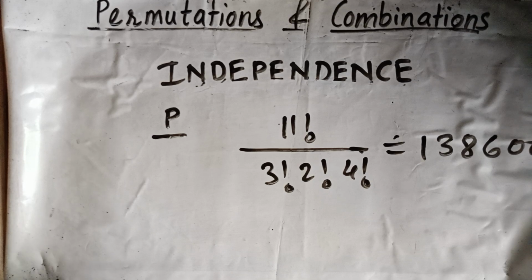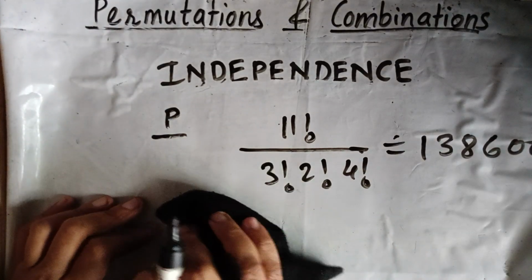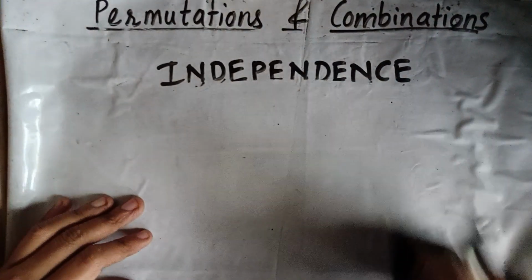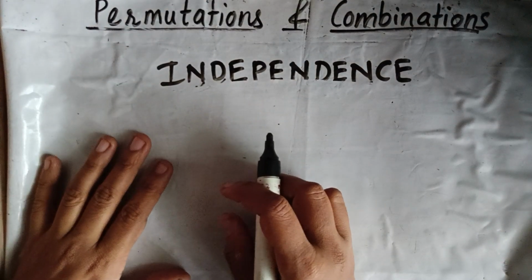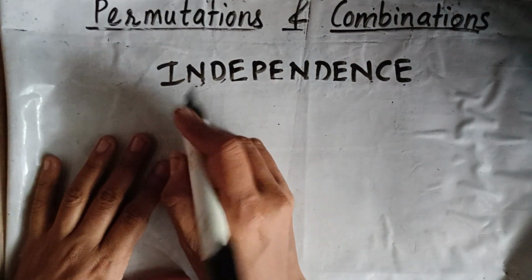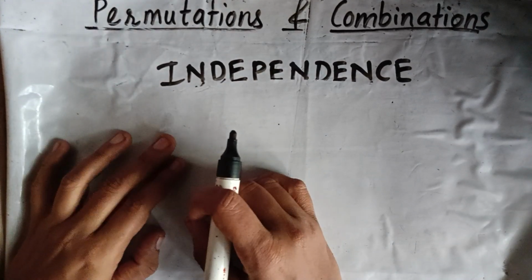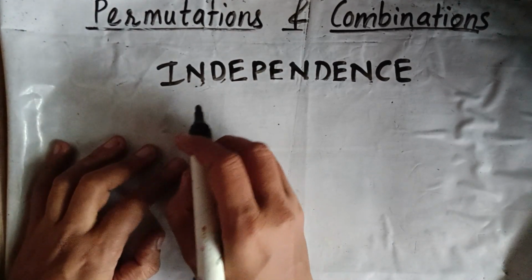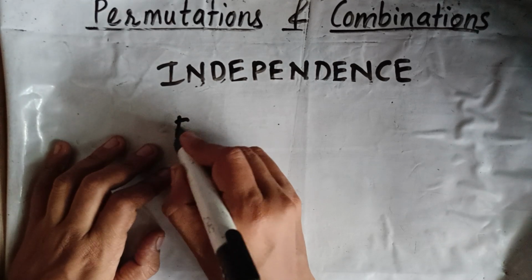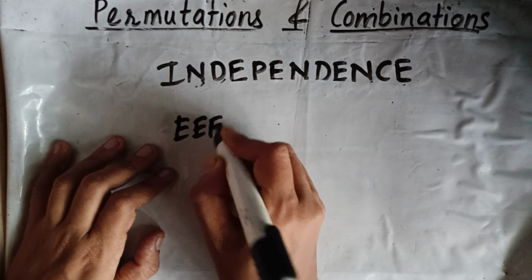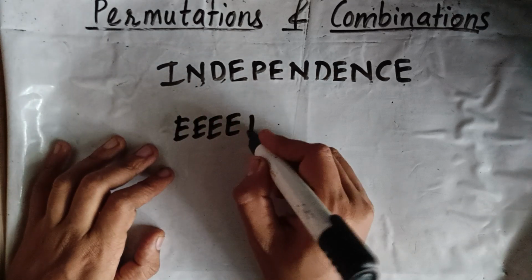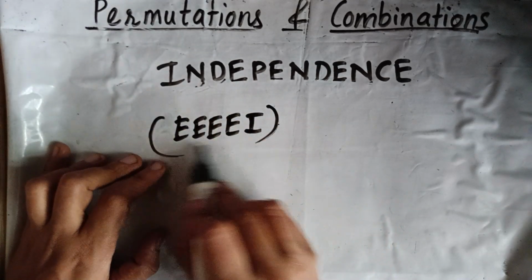Now, do all the vowels always occur together? So we have to write all the vowels together. Vowels are A, E, I, O, U, E, 2, 3, 4 E's, and I. These are 5 vowels.